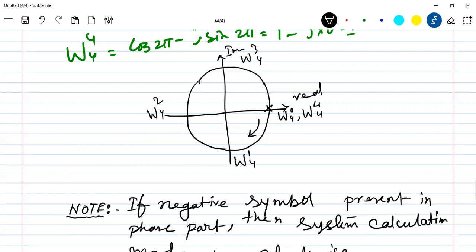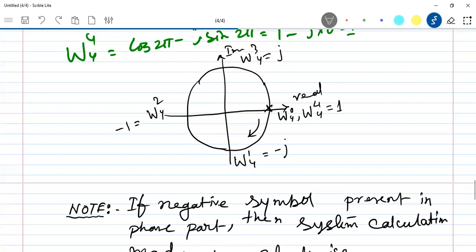Exactly, W44. The value of W04 is 1, W44 value is also 1, W14 is minus j, W24 is minus 1, W34 is j. Is that clear? The imaginary axis has plus and minus signs, and the real axis also has plus and minus signs.